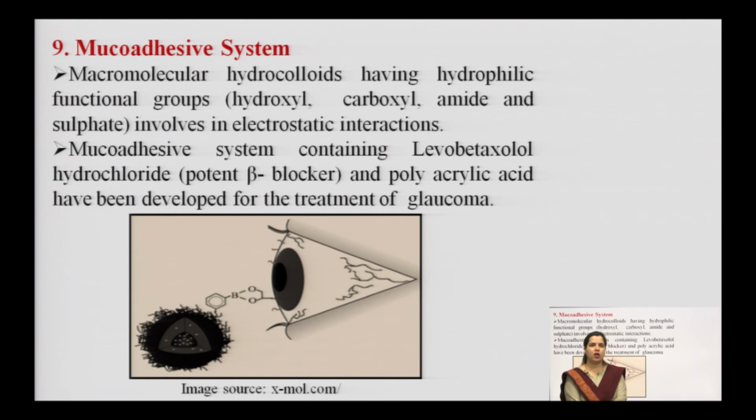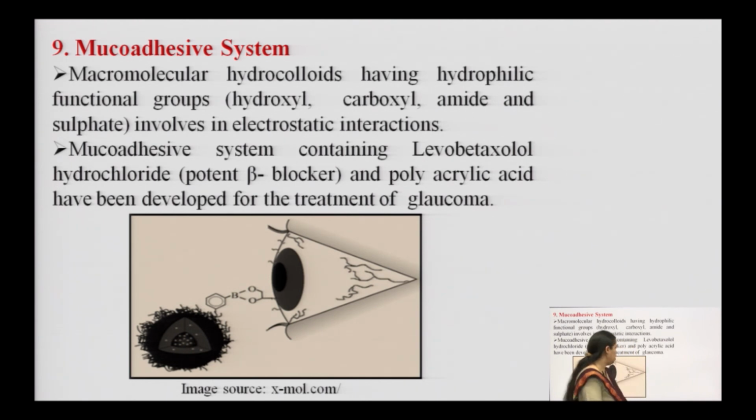Next is the mucoadhesive system. Macromolecular hydrocolloids having hydrophilic functional groups like hydroxyl, carboxyl, amide and sulfates are involved in electrostatic interaction. That means the mucoadhesive approach has also been used for ocular administration. If we use this approach, the dosage form is retained for more time on the eye surface and releases the drug for a prolonged time, right.